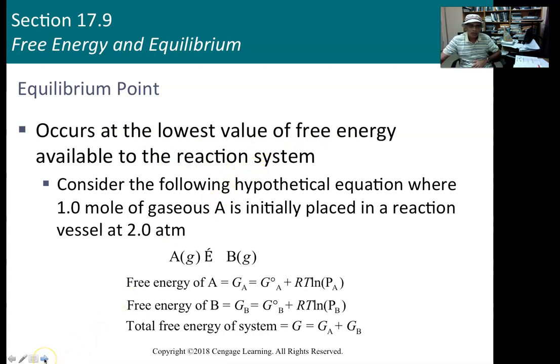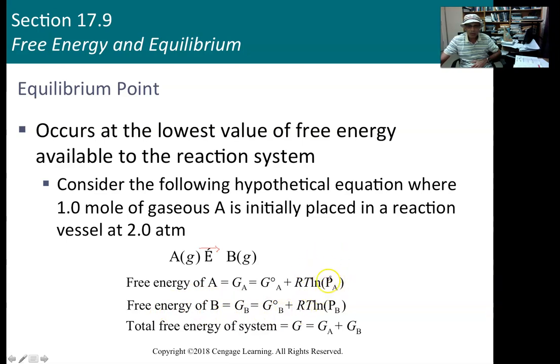So instead of going into the details of this, consider the following hypothetical equation, where A is a gas and B is a gas. Let me just write out this reaction here, A going on to B. The free energy of B is this term here.